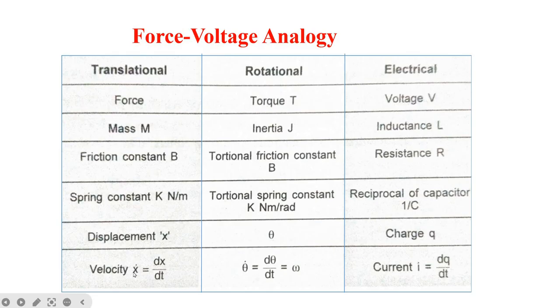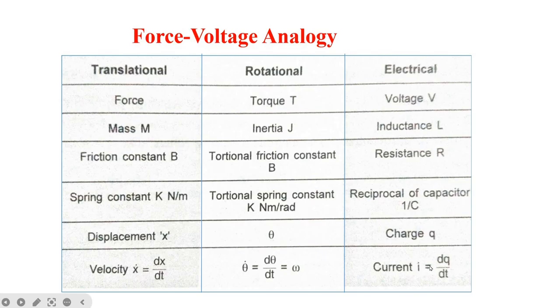And the velocity, that is x dot, you can write velocity as x dot also, that is equal to dx by dt. Whereas in rotational motion it is theta dot. Here theta dot is nothing but d theta by dt, that is nothing but the omega, that is the angular velocity. Okay, so that is analogous to what?